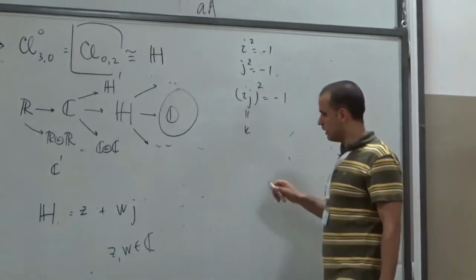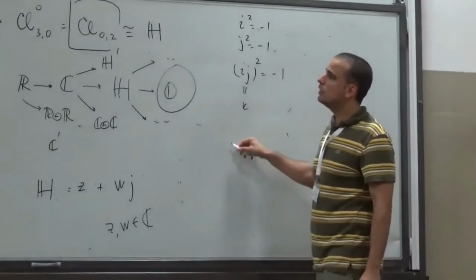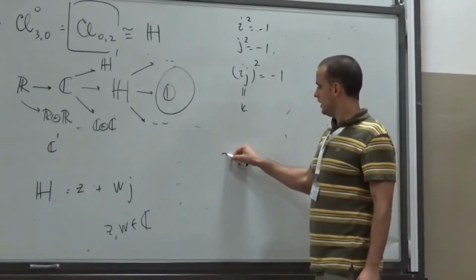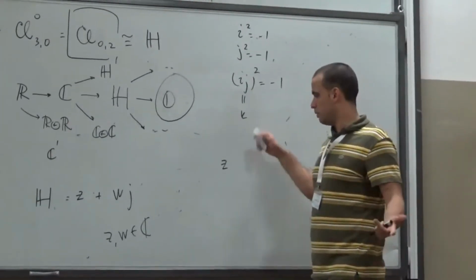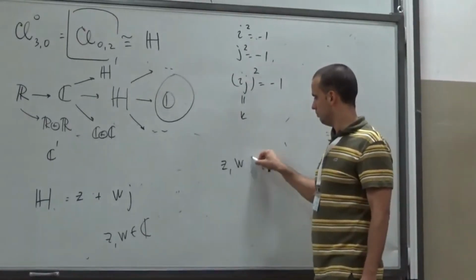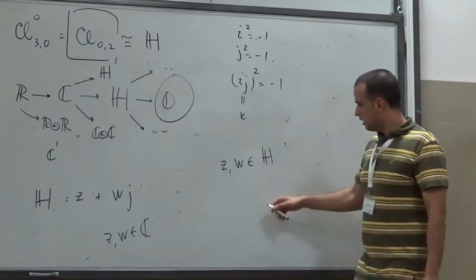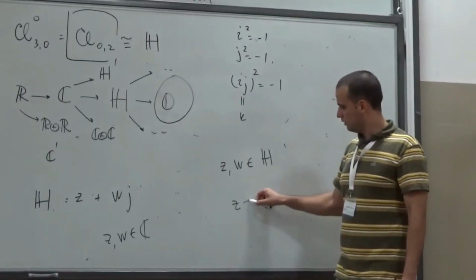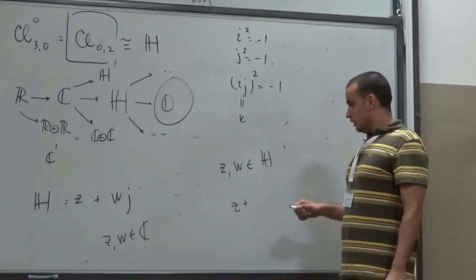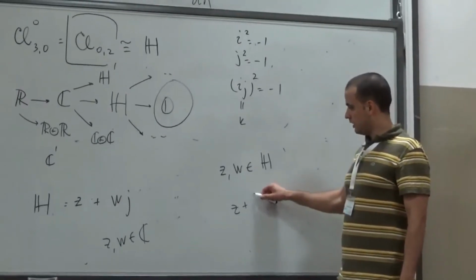It's something similar. You have two quaternions, let's say Z and W, okay? Now they're going to be quaternions. And you want your elements. How should I call this thing?